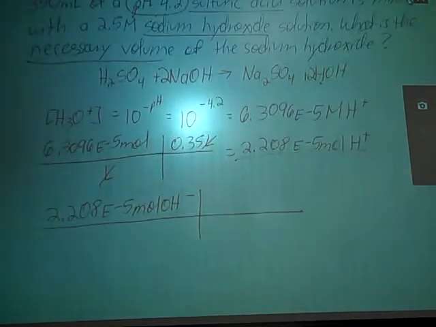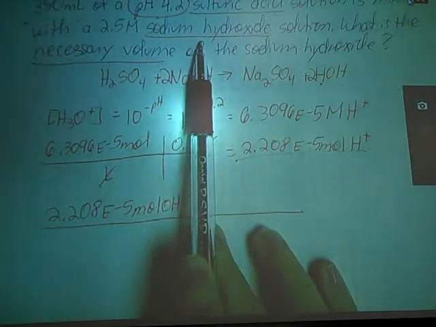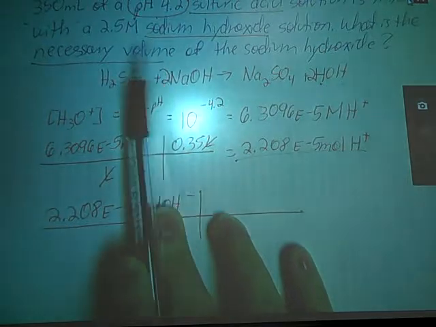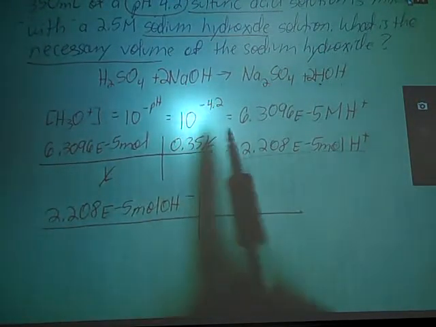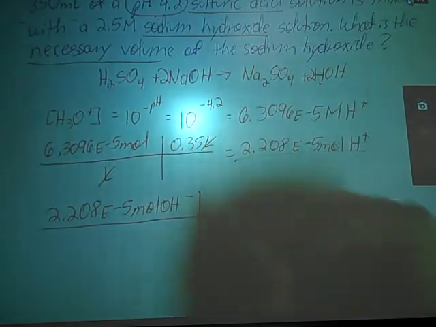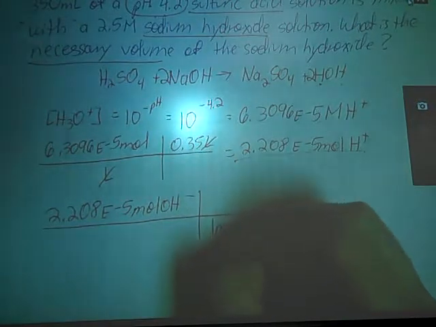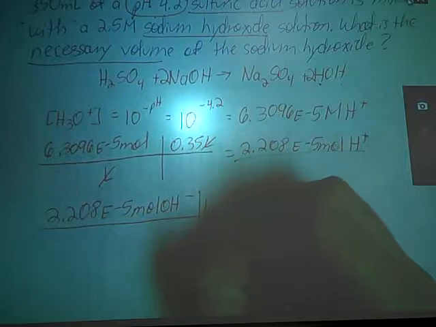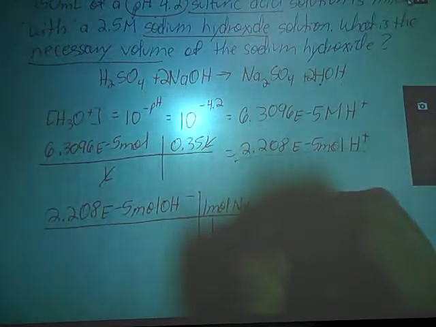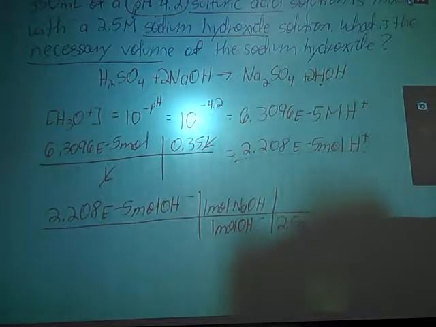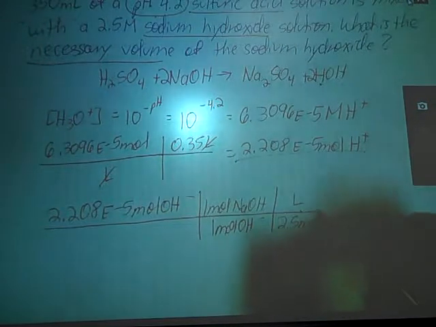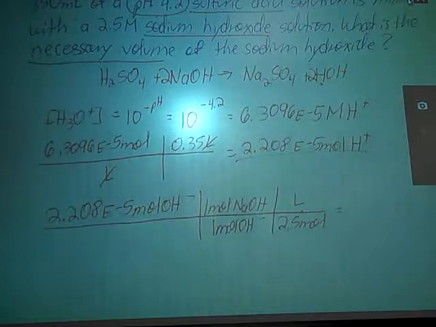But I can't pull hydroxide off the shelf. In this problem, my hydroxide came from the sodium hydroxide, our 2.5 molar sodium hydroxide, in fact. So, sodium hydroxide has 1 hydroxide per sodium hydroxide molecule. My solution is 2.5 moles per liter. And you could stop here, or you could go all the way to milliliters.